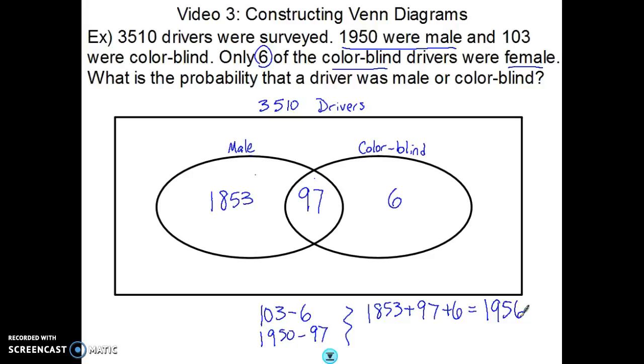And we know that this is out of the 3,510 total drivers who were surveyed. So 1,956 divided by 3,510 gives us about 0.557 as our probability that a driver is male or colorblind.